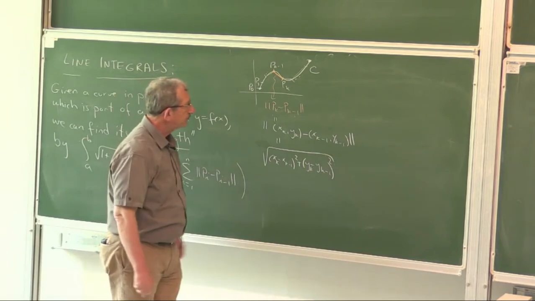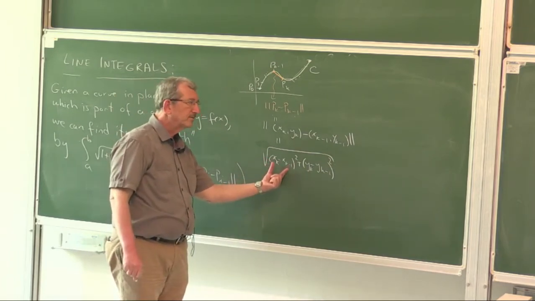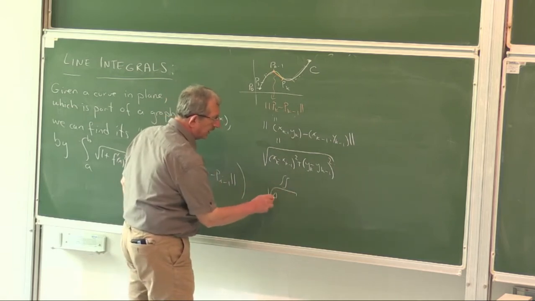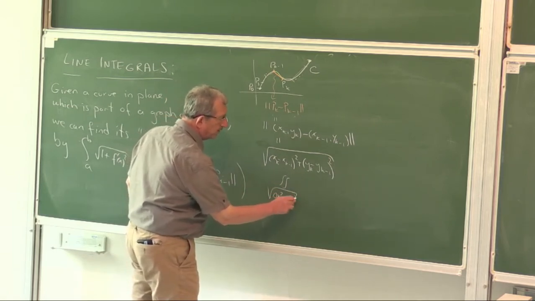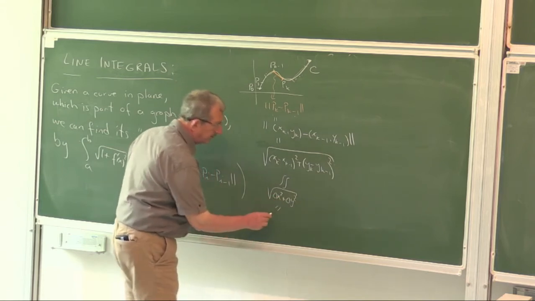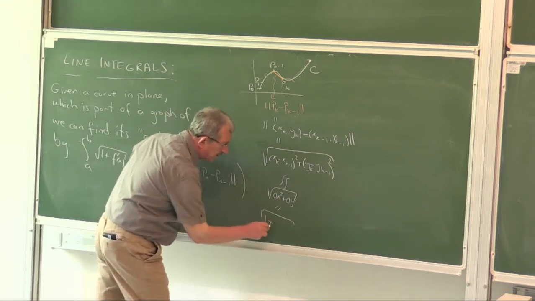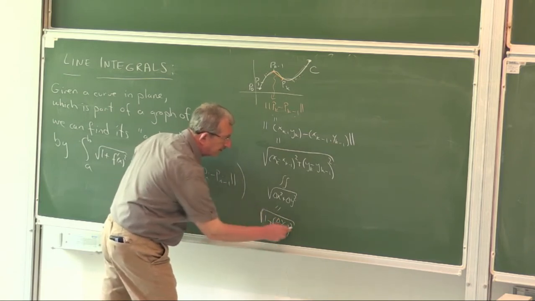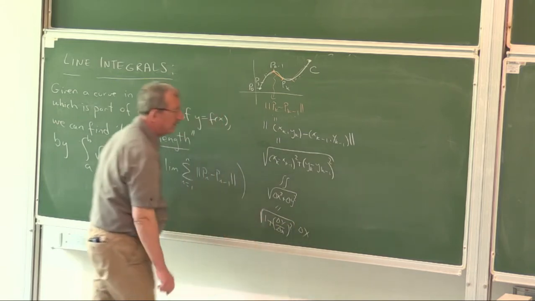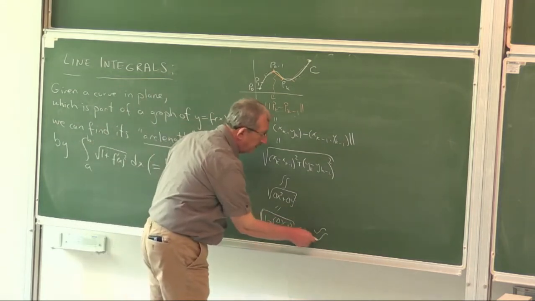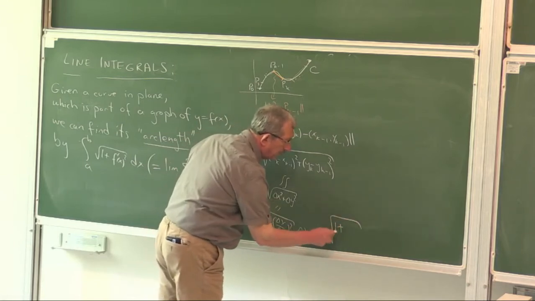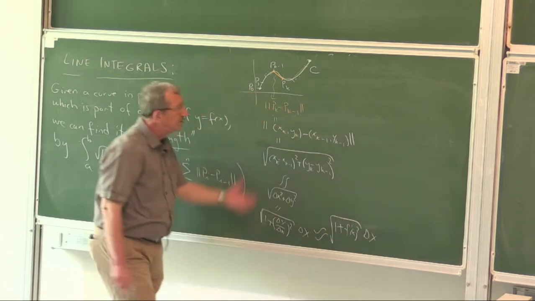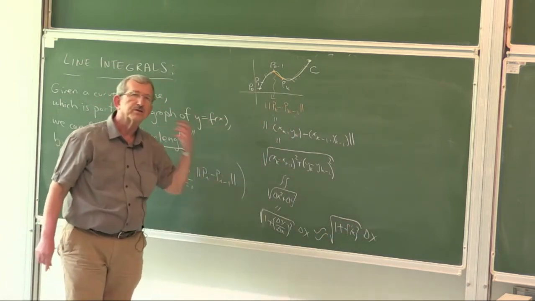Now, if we call this delta x, this is almost delta x squared plus delta y squared, which would be 1 plus (delta y over delta x) squared times delta x. And this could be approximated by 1 plus the derivative squared times delta x, which we did in our previous observations.